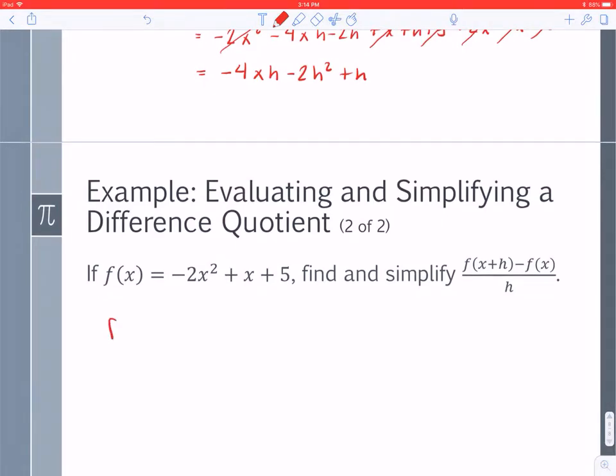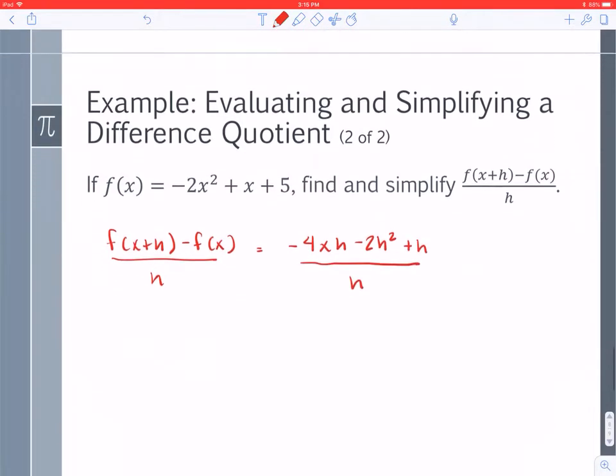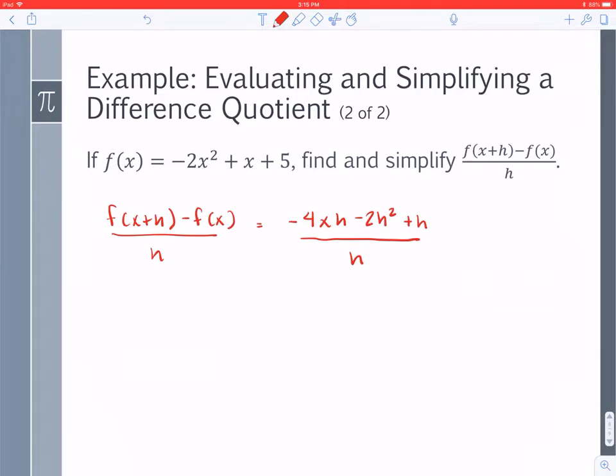So f of x plus h minus f of x divided by h is going to be minus 4xh minus 2h squared plus h, divided by h. All right, I can cancel if I have a common factor in both the numerator and denominator.